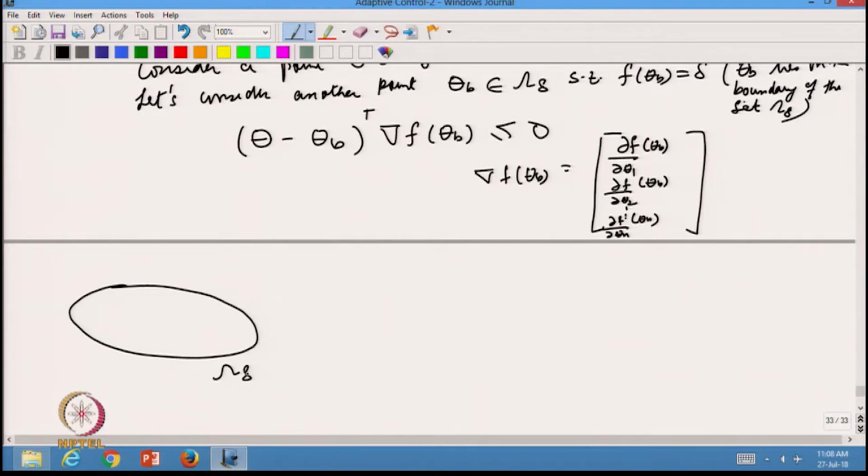On the boundary of the set we say that f of theta equals delta, and in the interior we say that f of theta is less than delta. So, let us consider this point theta b, which is on the boundary, and let us consider a point theta which is in the interior. Okay. And theta minus theta b will be this vector which is pointing towards theta. This is the vector that we are referring to as theta minus theta b.